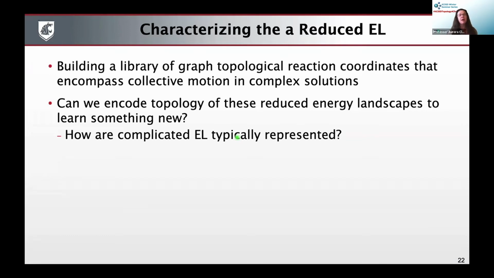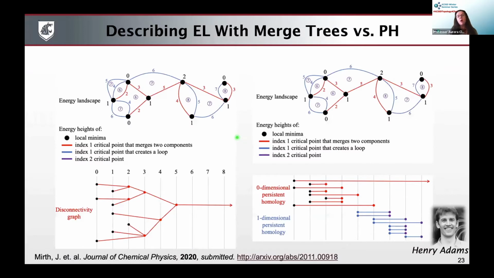But let's just talk for a little bit about how complicated energy landscapes are typically represented in a mathematical or graph theoretical way. Often, especially within the protein folding literature, the representation of complex energy landscapes is given with merge trees or disconnectivity graphs. I have here on the left-hand side an energy landscape where each of these black dots is an energy minimum.